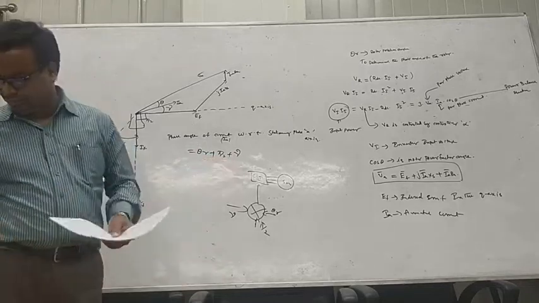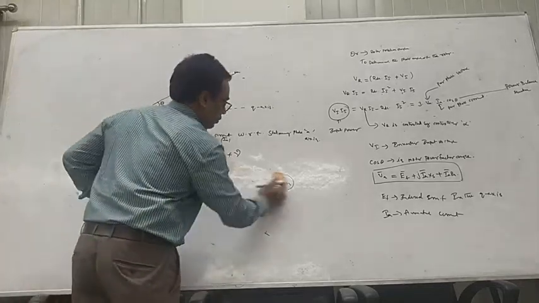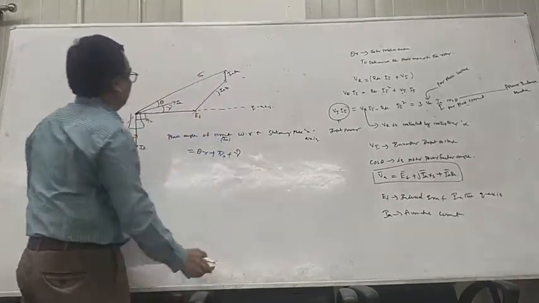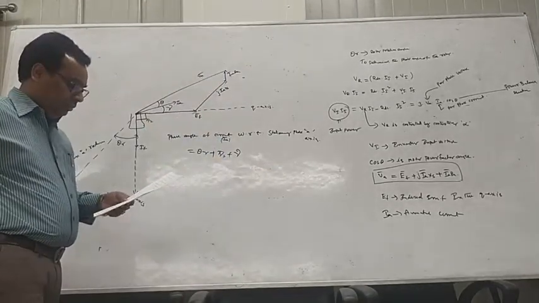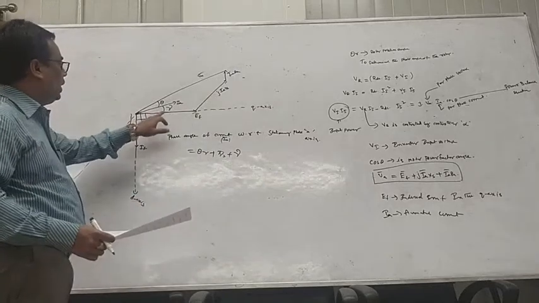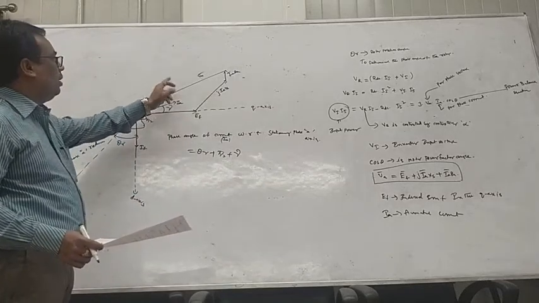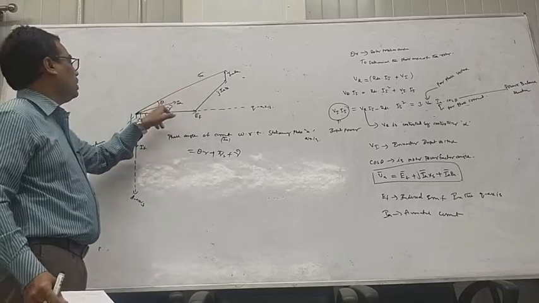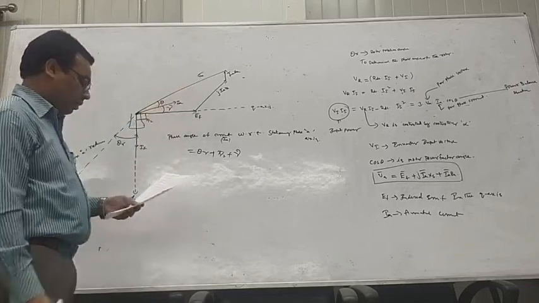From this equation, I would like to write down the component VA into cos theta.